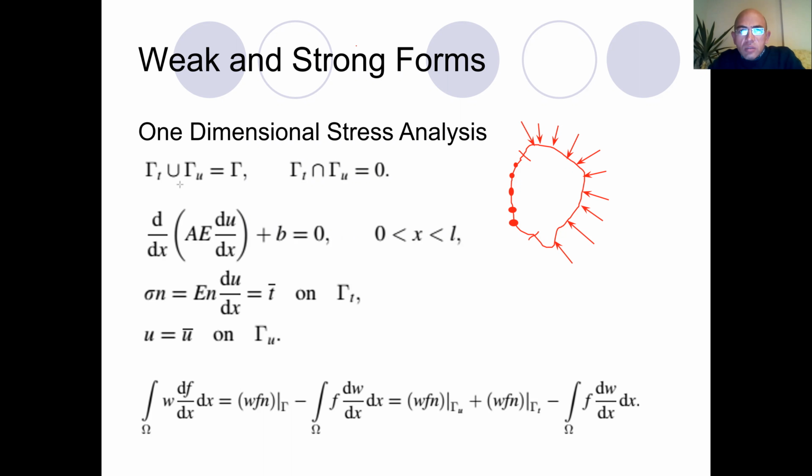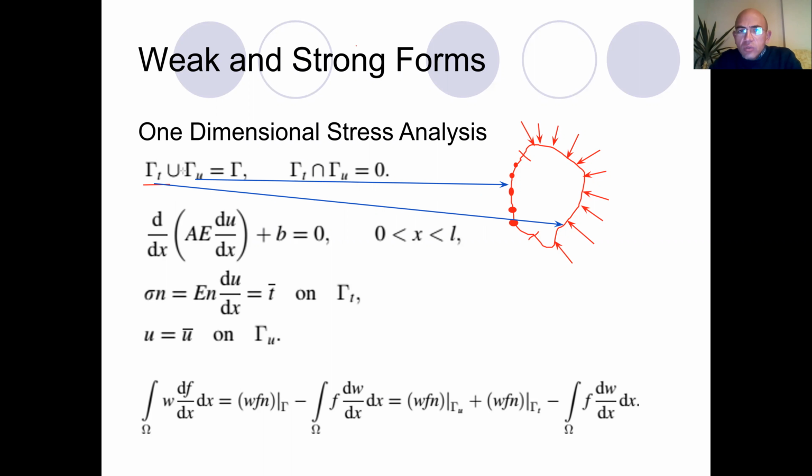Now what it means, simple. Gamma T is for traction boundary. Let's show it with the blue color. So this is the traction boundary, and gamma U is the displacement boundary in stress analysis.